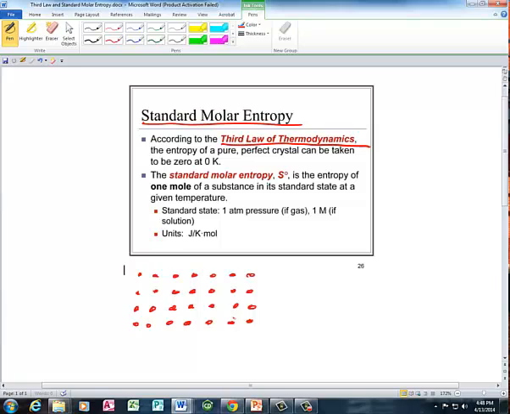Perfect symmetry, very, very simple, and it's at 0 Kelvin, which means the particles aren't moving at all. It's pure, it's perfect, and so the entropy is 0. 0 entropy for our pure and perfect crystal. Let's think about this just a little bit.